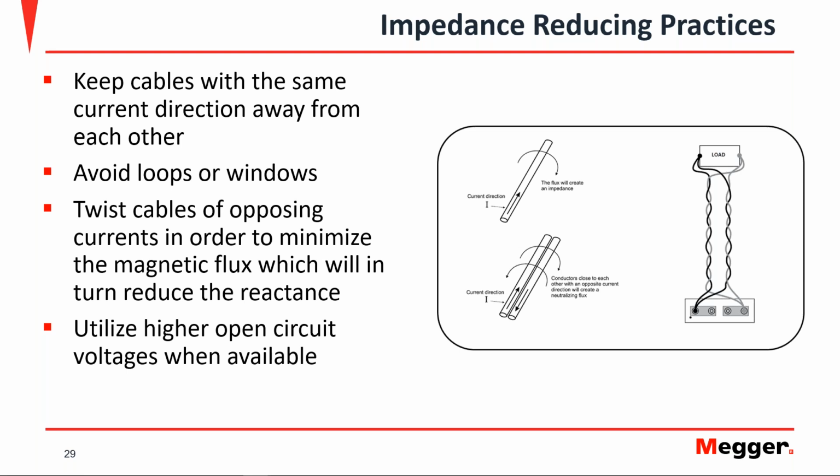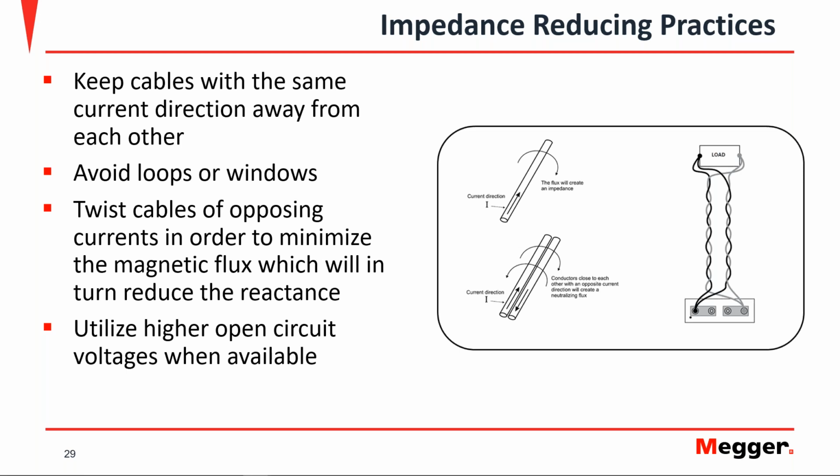The longer the cable or bus is, the bigger the impedance will be, and the thicker the conductor or cable is, the lower the impedance will be. So you can either shorten the length of those cables or increase their size to reduce the impedance of that circuit.